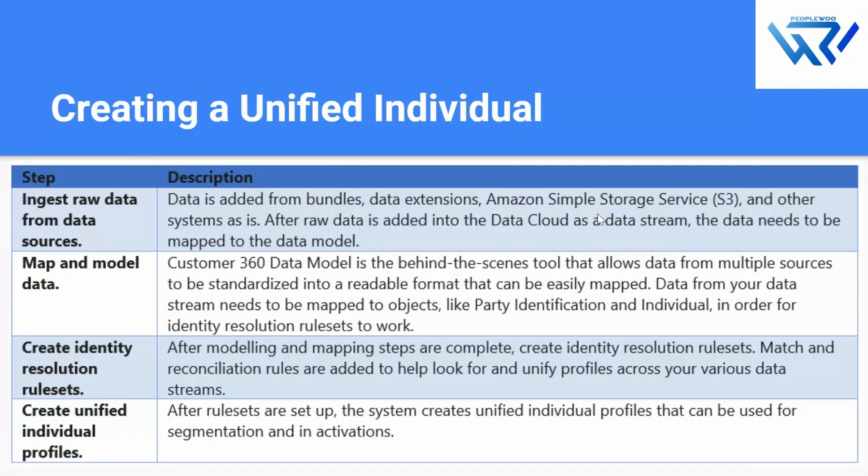What you have to do to create a unified individual, you have to map source profiles to individual objects, then you have to write identity resolution rules, then activate that resolution rule. Based on the matching rules, the profiles will be unified, and then you go and explore in the data explorer how unified individuals are working.